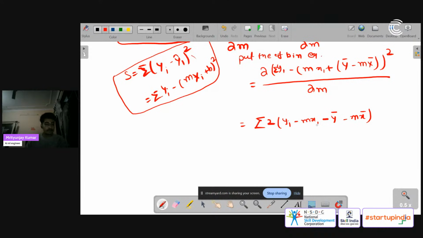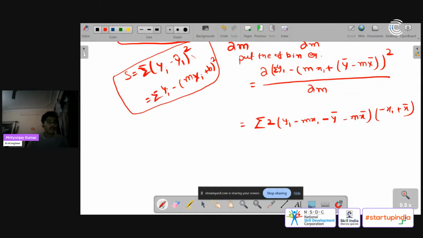One time we will get x_i and one time x bar, so we get (minus x_i plus x bar). This is the differentiation of S with respect to m. This is our value, right?